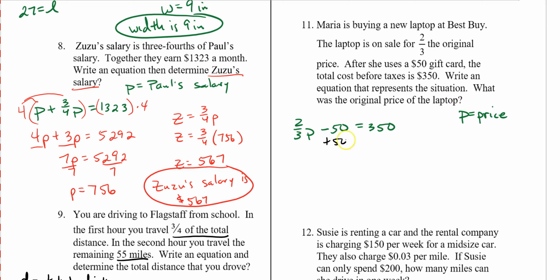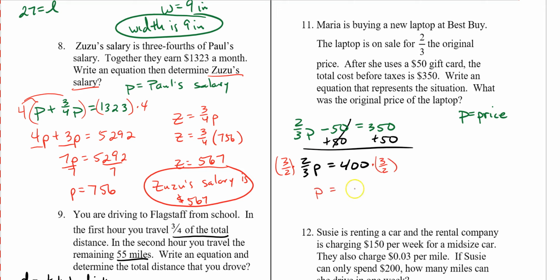This time I'm going to add the 50 to both sides. It doesn't really matter which way we do it. We can multiply everything by 3 first. Just personal preference. So 2/3 P is equal to 400. Now to solve for P, we're going to multiply by the reciprocal, 3/2.